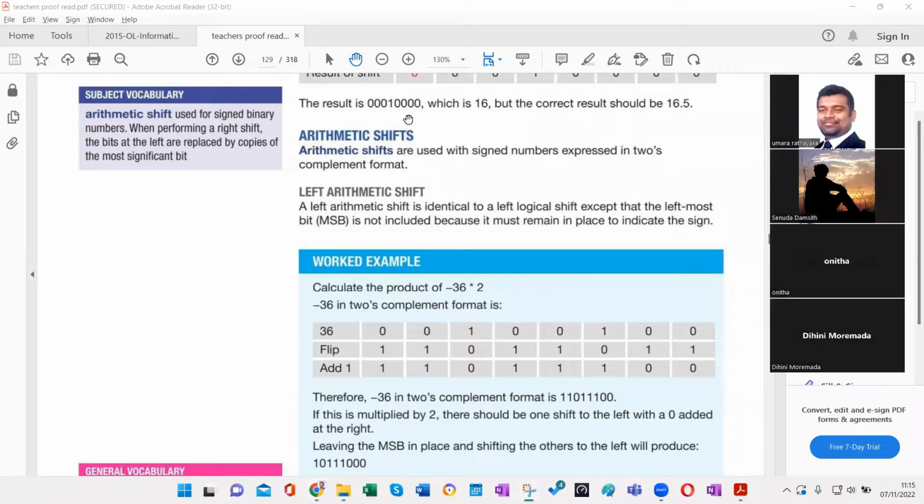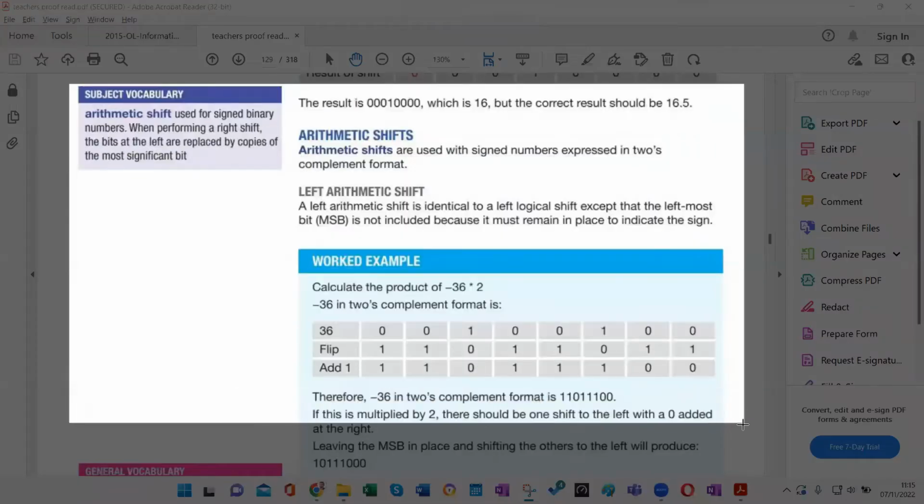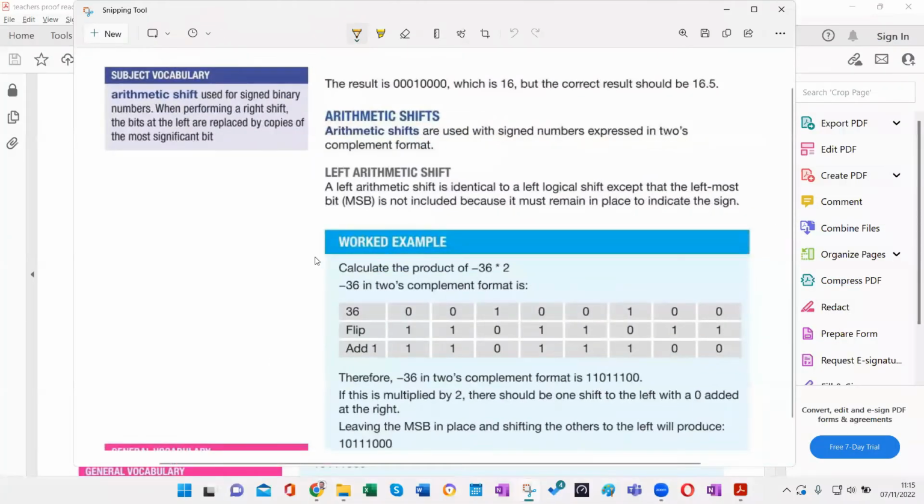Okay. Now this is the one which is tricky, right? I told you in binary shifts, mainly it's easy, but there are some tricky parts. That's this one, arithmetic shifts. Now watch very closely and try to get the idea, right? Now we already know that logical shifts are carried out on unsigned numbers.